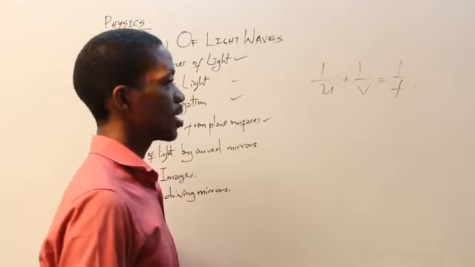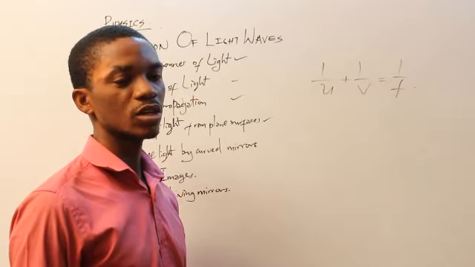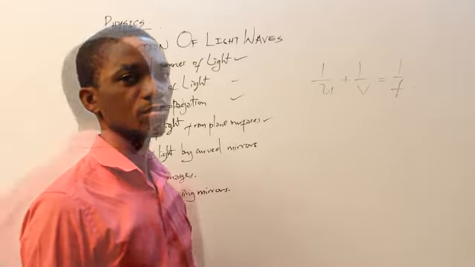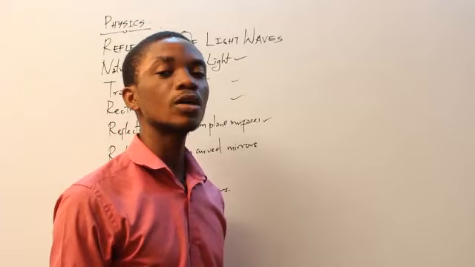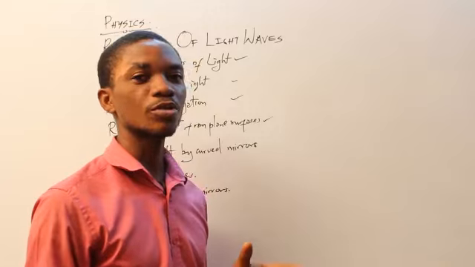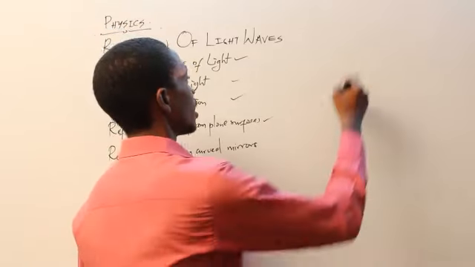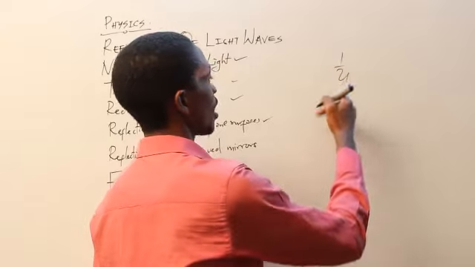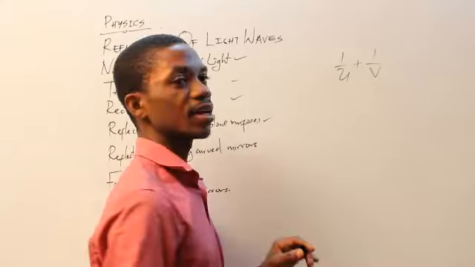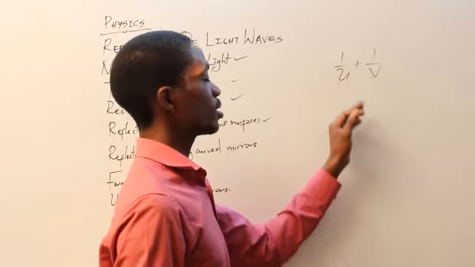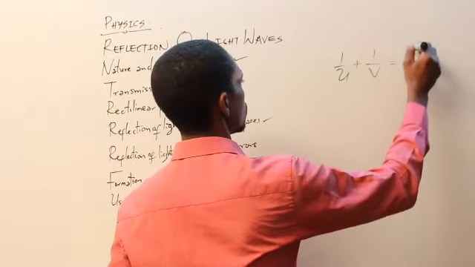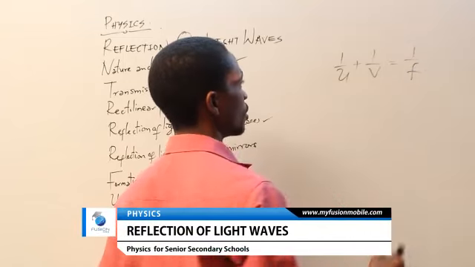It's applicable to the convex lens and applicable to the concave mirror. This is because the light is converging. When it comes to our calculations under mirrors, under light, that's reflection, we have the formula 1/U + 1/V = 1/F, where U is our object distance, while V is our image distance.